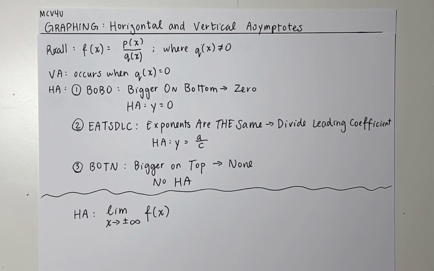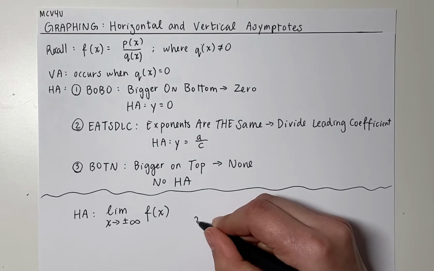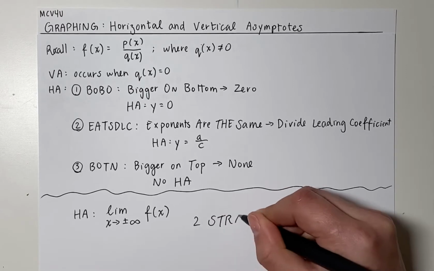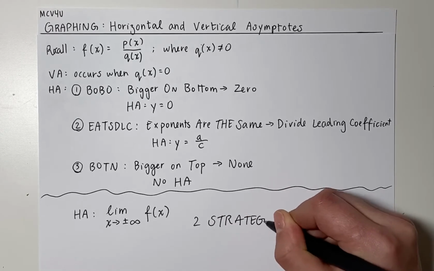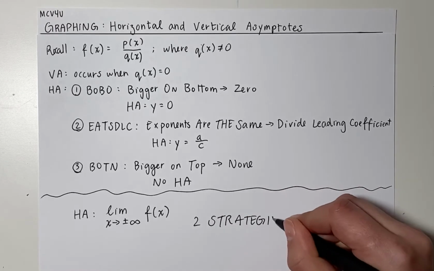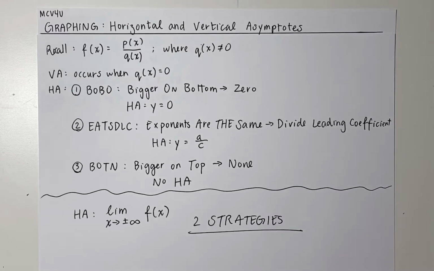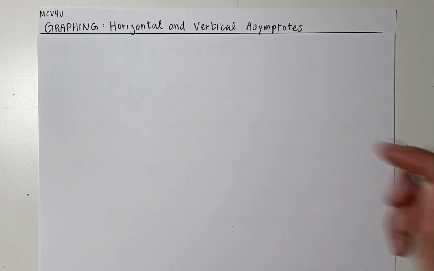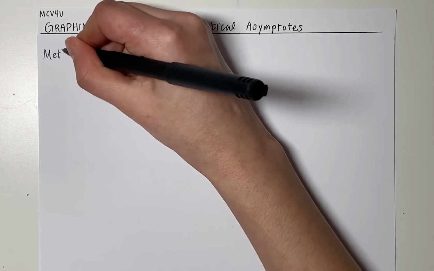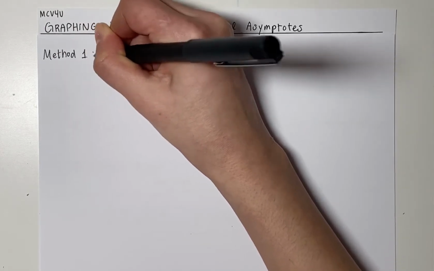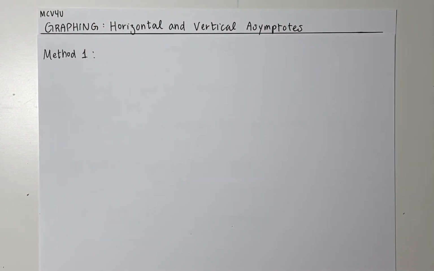Now we have two strategies to determine the limit as x approaches positive or negative infinity. So method 1 for finding our horizontal asymptote: we're going to divide the numerator and the denominator by the highest power of x in the denominator.